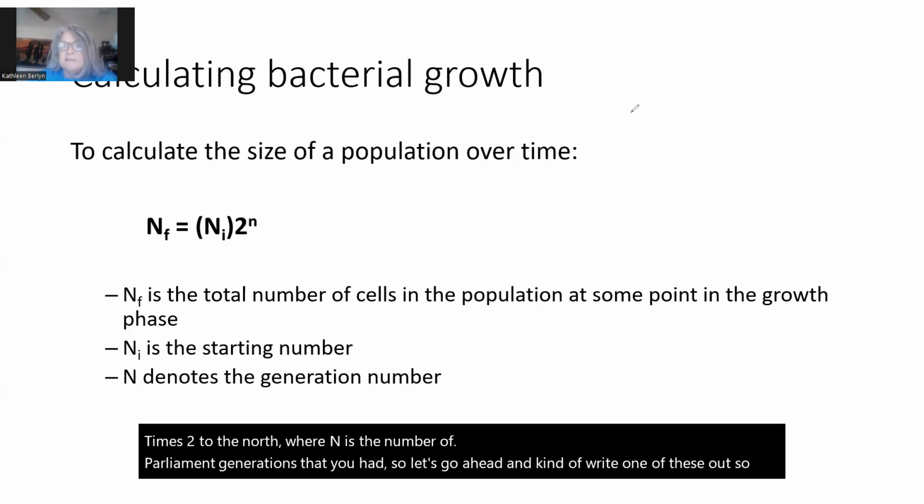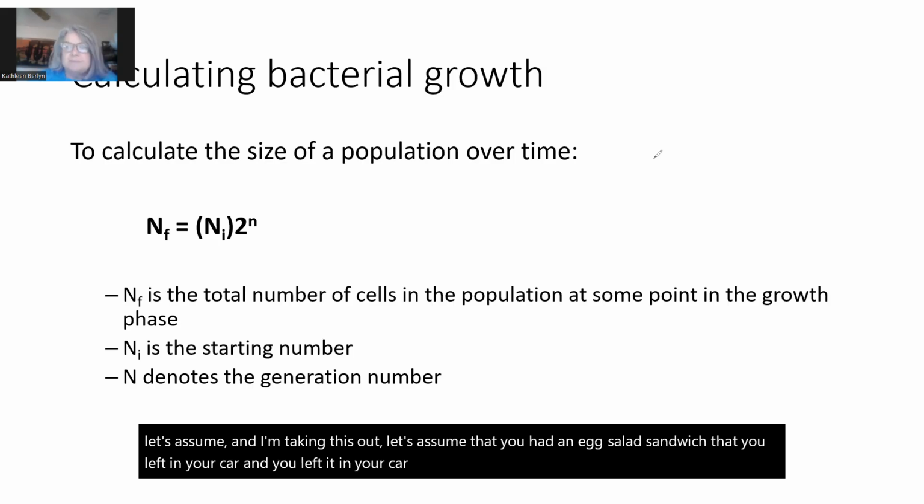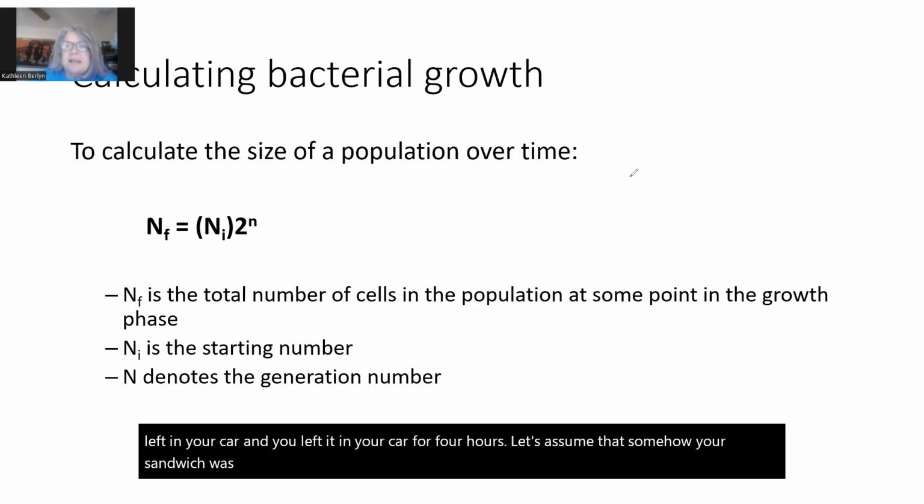So let's assume that you had an egg salad sandwich that you left in your car for 4 hours. Let's assume that somehow your sandwich was contaminated with 10 organisms when you first made the sandwich.